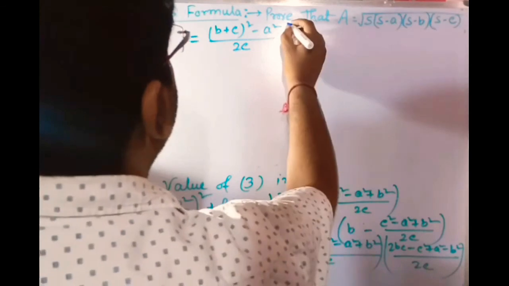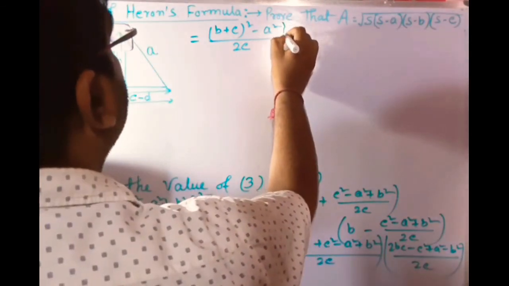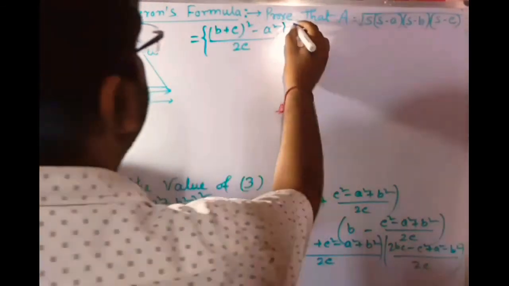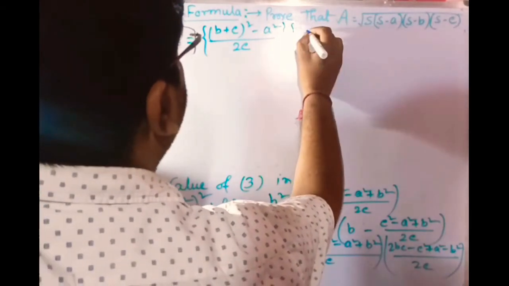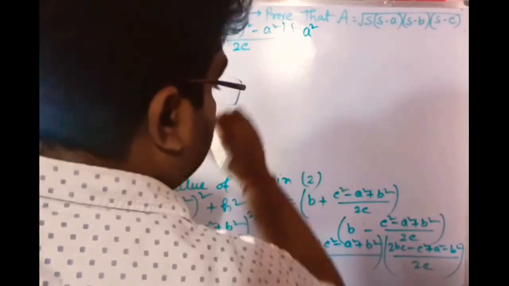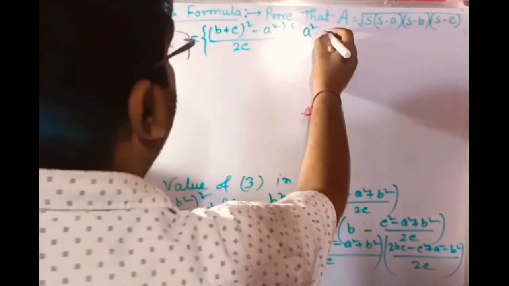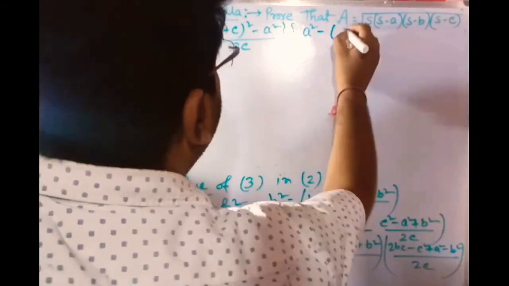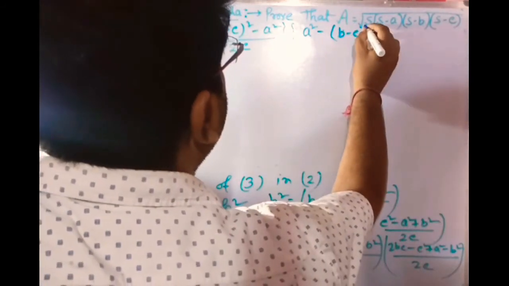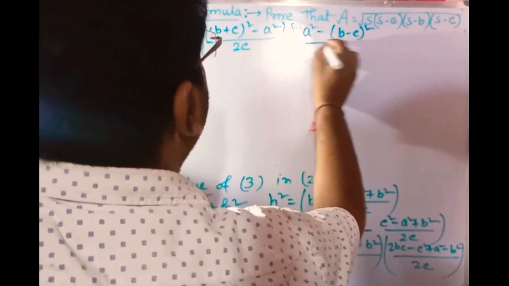into a square minus b minus c whole square divided by 2c.